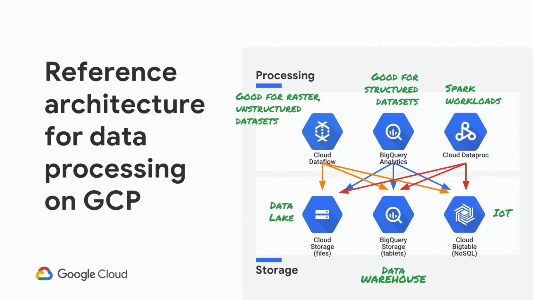The idea is that the storage and the processing are separate. So you choose your storage mechanism depending on the type of data, and then when you're ready to process it, you can process it using Apache Beam on Cloud Dataflow, Apache Spark on Cloud Dataproc, or by writing SQL statements in BigQuery. So different ways of doing the processing, and the idea is that all of these are ephemeral jobs that come up, do the processing, and go away.